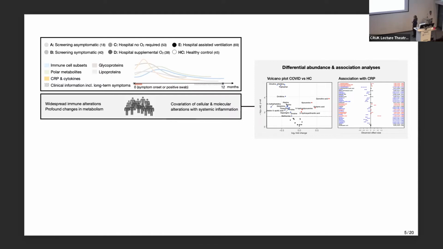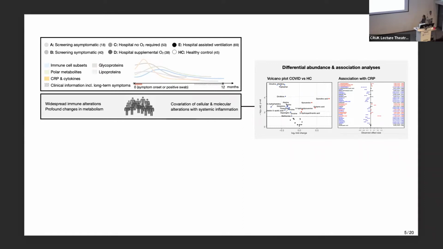What we first tried to do was to simply explore the data with some very standard differential abundance and association analysis. We used linear mixed models to try to identify the main markers of COVID-19 and see how these findings related to published findings on other cohorts.